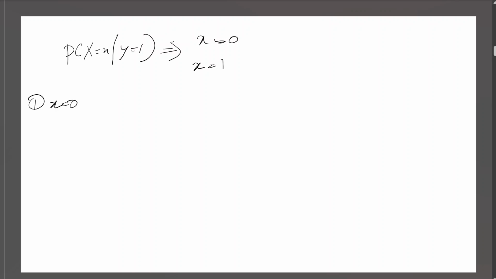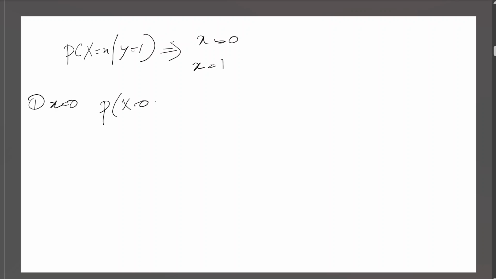Now we have to find the probabilities. Here we have two possibilities. The first is when x is equal to 0.